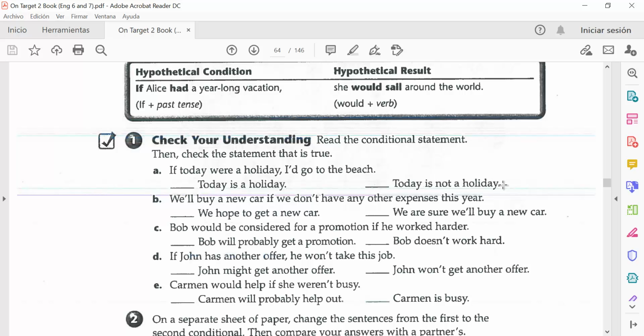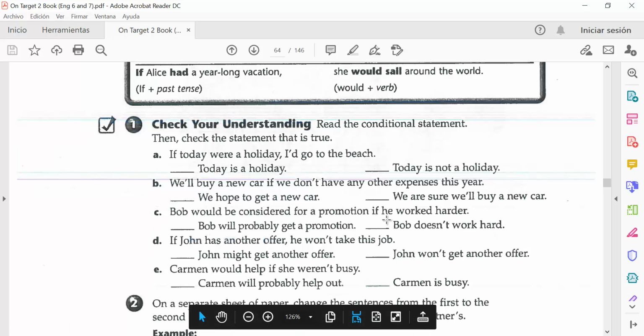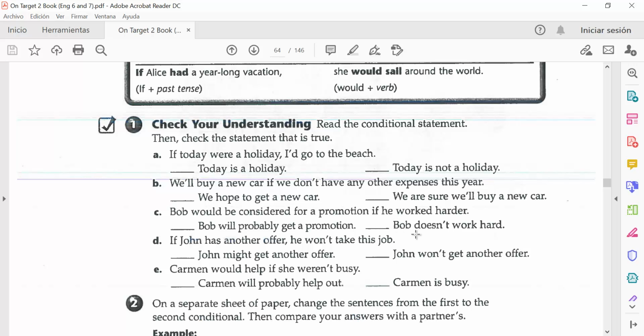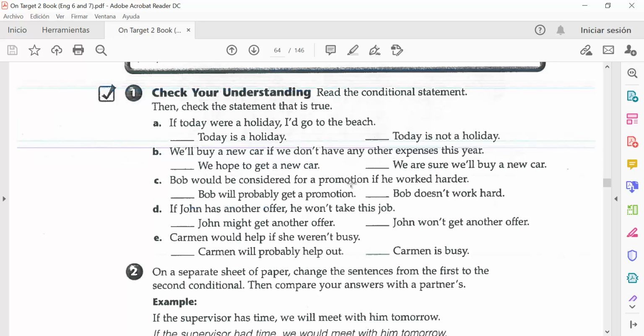Today is not a holiday because I am saying if today were, that means that is not. Now it's your turn to go over the letter B, C, D, and E and just try to see which one is the real or the statement that is true. Okay? Be careful with the sentence because they're tricky.